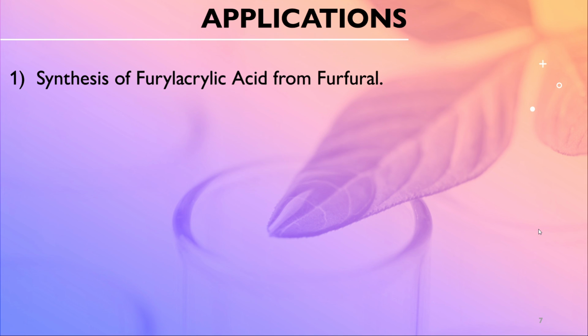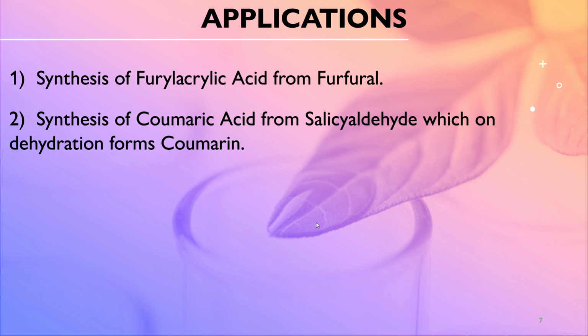Mainly the synthesis of furyl acrylic acid from furfural is one application which I showed before. Again, synthesis of coumaric acid from salicylaldehyde through Perkin condensation, which on dehydration forms coumarin.